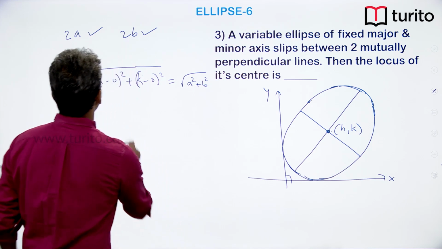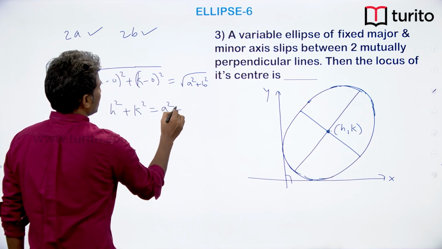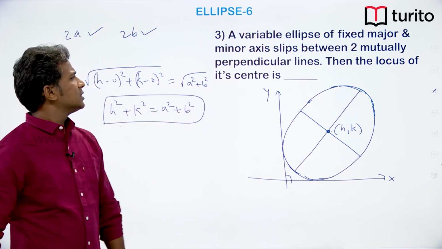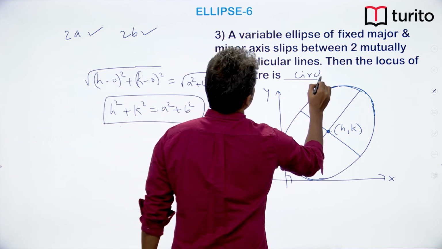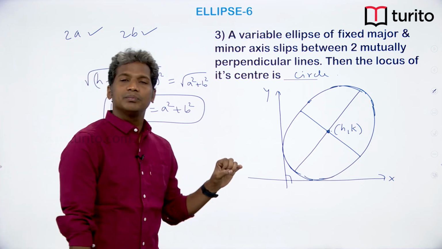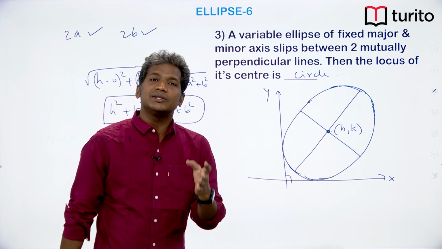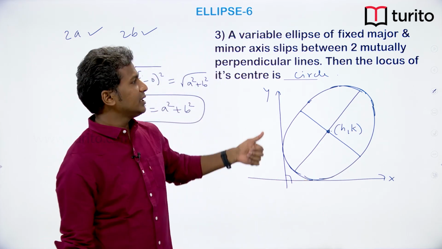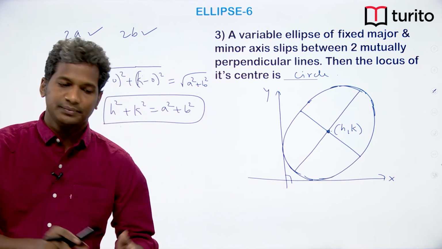So we can say that h square plus k square equal to a square plus b square is the locus of that center. So what is the answer? The locus of the center is, of course, a circle. Okay. So this way we can solve it using pure concept, but to solve this question we need the knowledge of the director circle. If we do not know about the director circle, then probably we will fail in solving this problem. Okay. Can we move on to the next question?